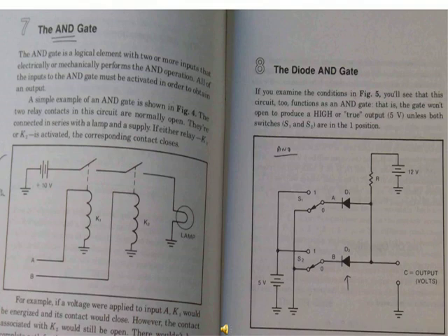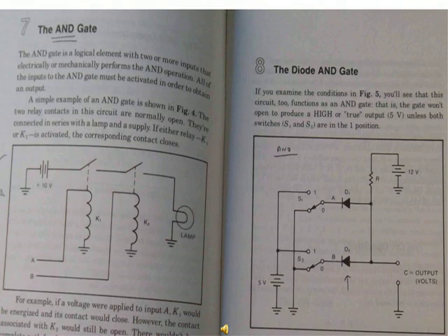So that will produce the output lamp. Both K1 and K2 must be closed. The function is AND. The AND electrical equivalent circuit is presented in the diagram.